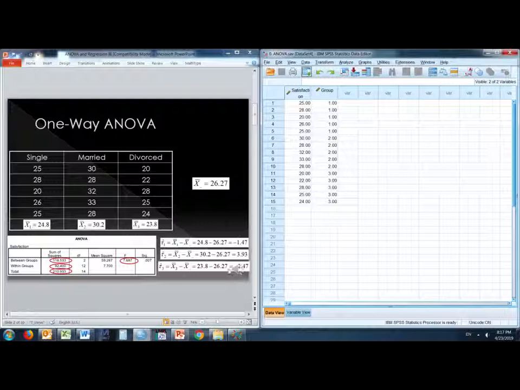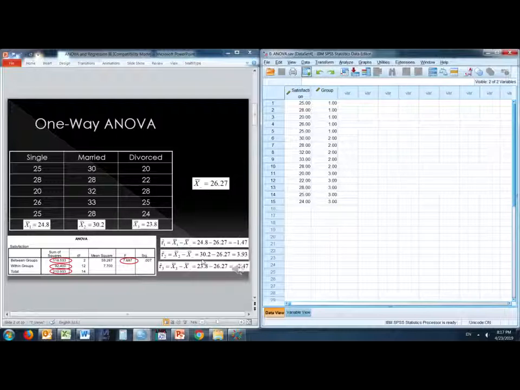Now we can compute the effect size for the single group. The effect size tau 1 for the single group is group mean minus grand mean. So it is 24.8 minus 26.27, which is negative 1.47. The effect size for the married group is the group mean minus grand mean.